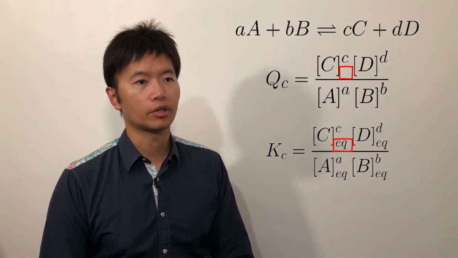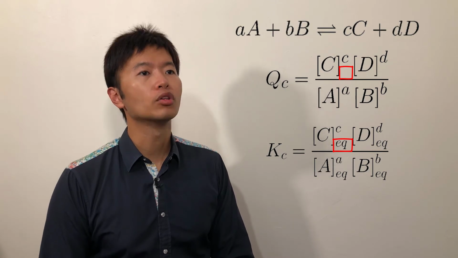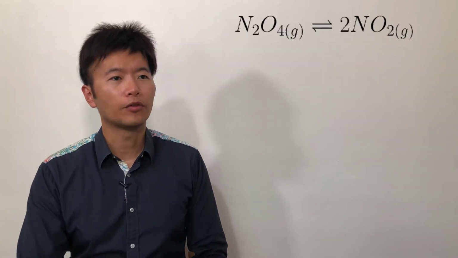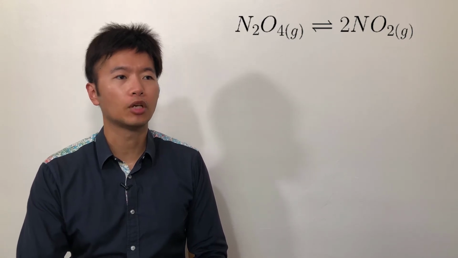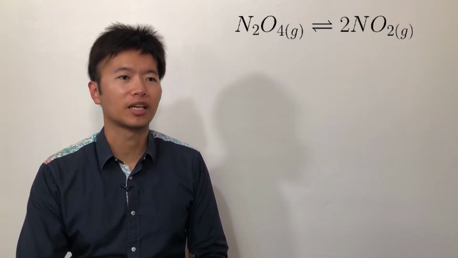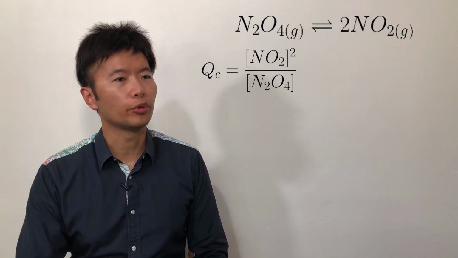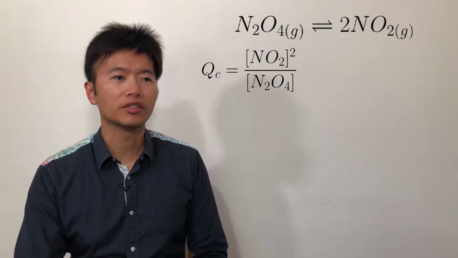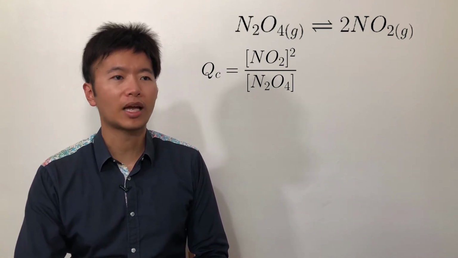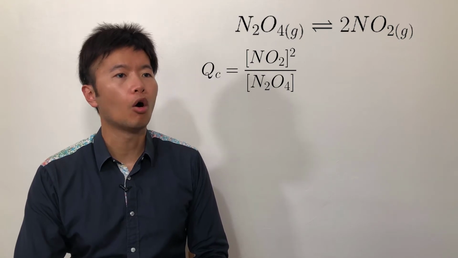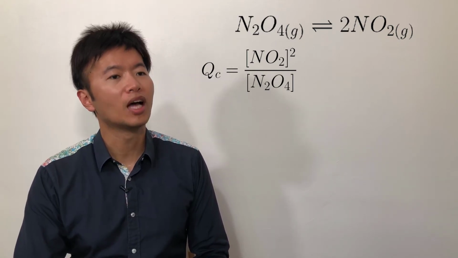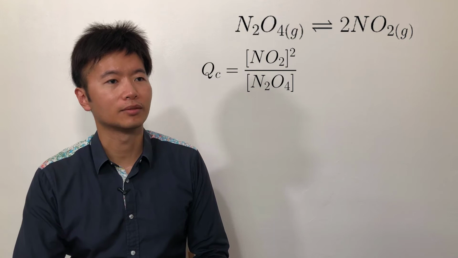So we call it Q, which stands for the reaction quotient. Notice that for the decomposition reaction of dinitrogen tetroxide, we can write the reaction quotient as the concentration of nitrogen dioxide squared over the concentration of dinitrogen tetroxide.